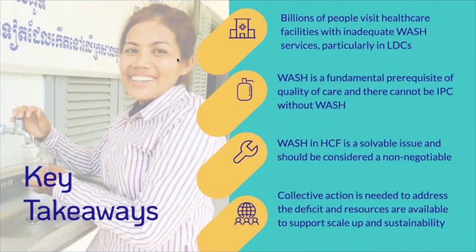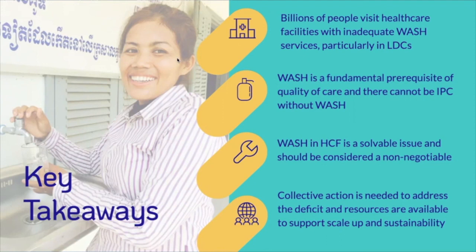So some key takeaways from this presentation. First, billions of people visit healthcare facilities that have inadequate WASH services, particularly in least developed countries. We know that impacts their ability to receive safe, quality healthcare, and also to ensure that we protect the healthcare workers that are serving those facilities. WASH is a fundamental prerequisite of quality of care, and there cannot be effective IPC without WASH.